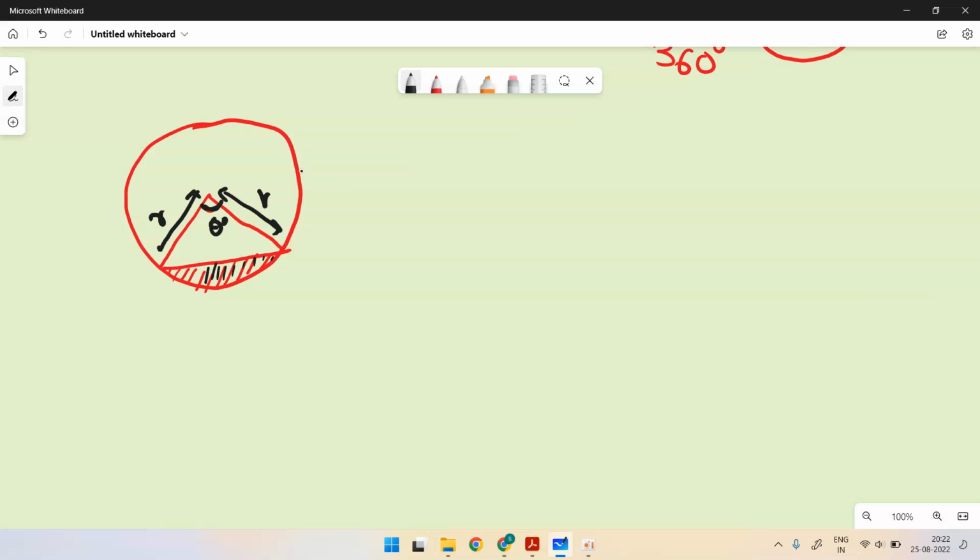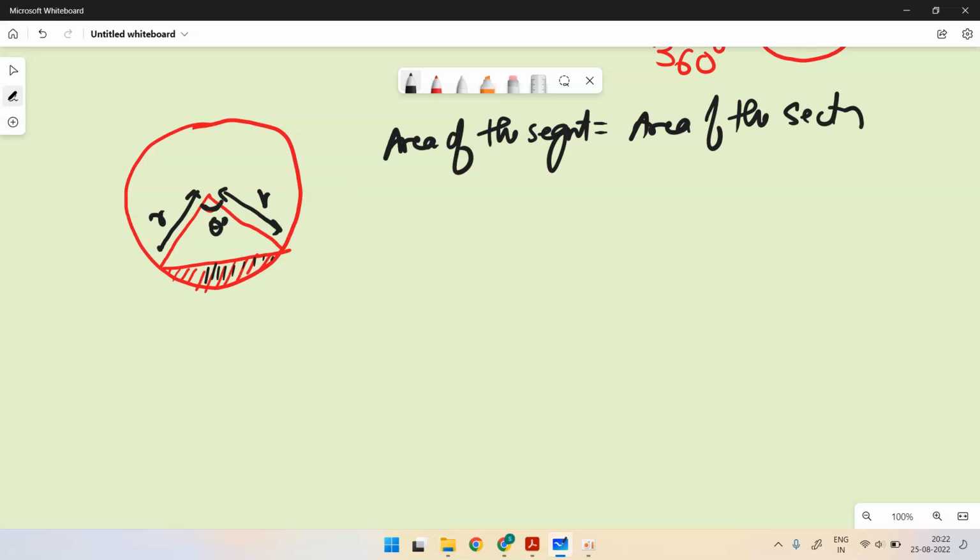The area of the segment will be the area of the sector, this complete area, minus the area of the triangle. What is the area of this triangle?